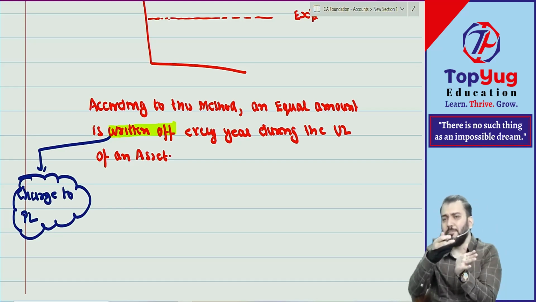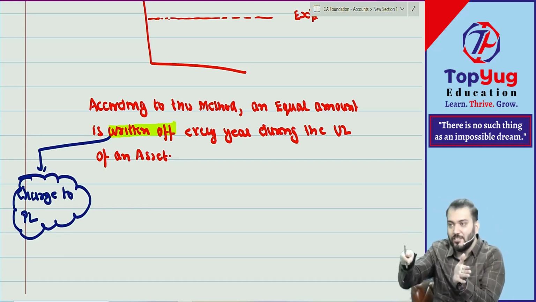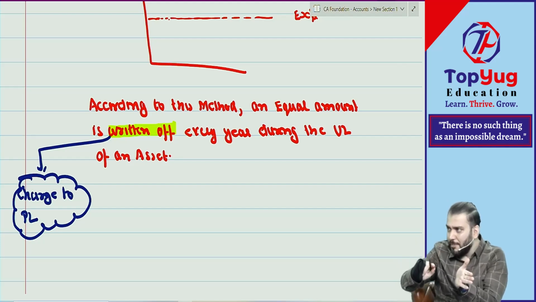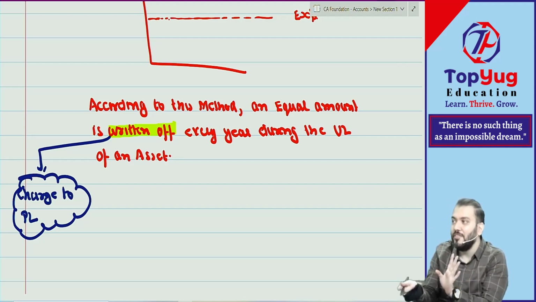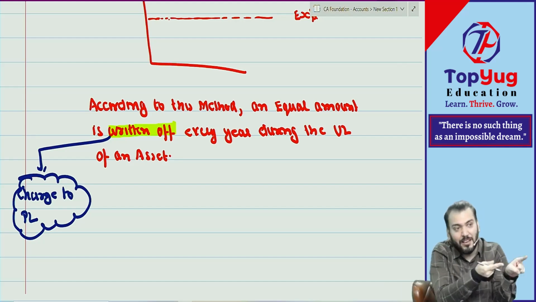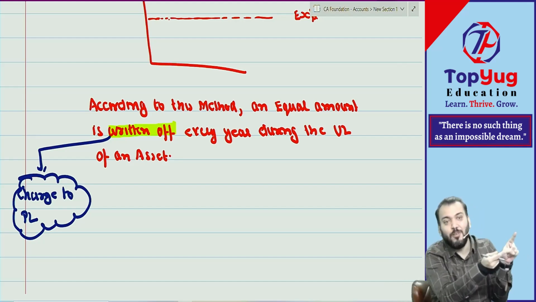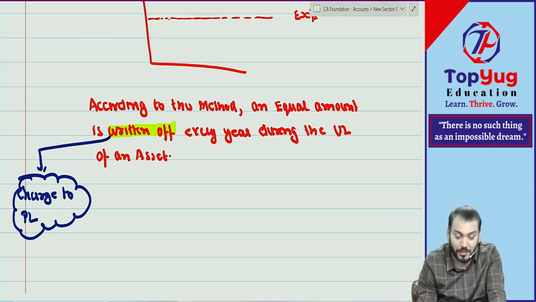So when we say bad debt written off, it means it is charged to PL. Same thing. For depreciation, the amount is written off, meaning it has been transferred from the asset account to the PL account. Understood? An equal amount will go.